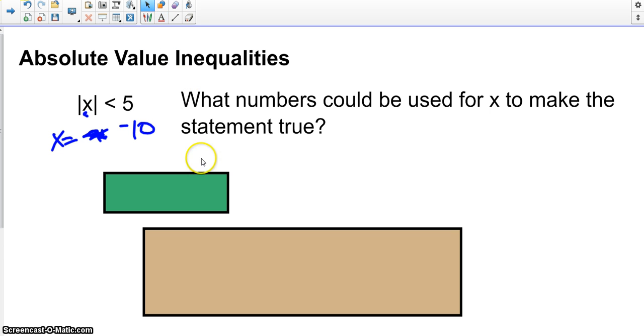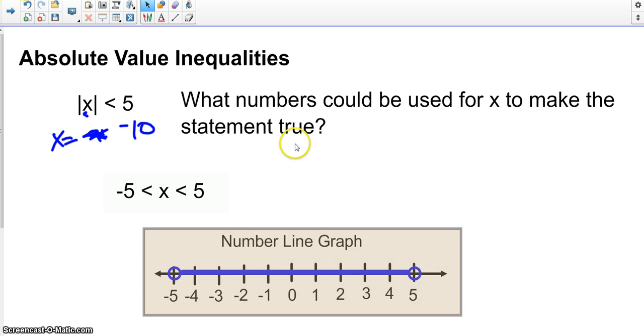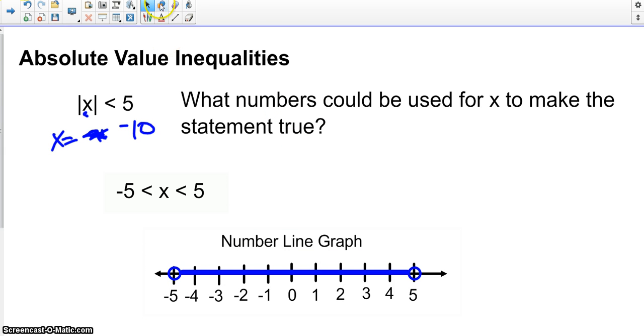So basically, what we have here are all the values for x from negative 5 to positive 5, okay? From negative 5 to positive 5 will work in this absolute value inequality. And if I look at the graph of that, it would look like this, okay? All of these values in here for x would give us solutions that would work here, okay?